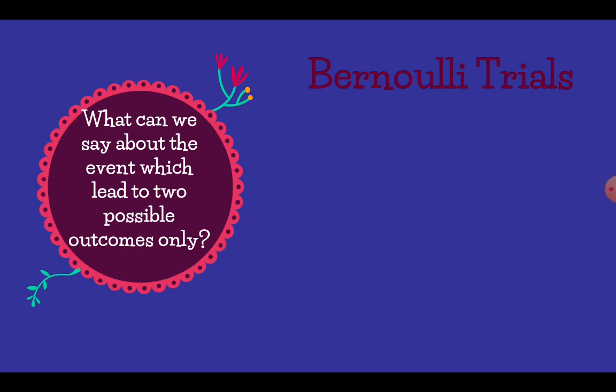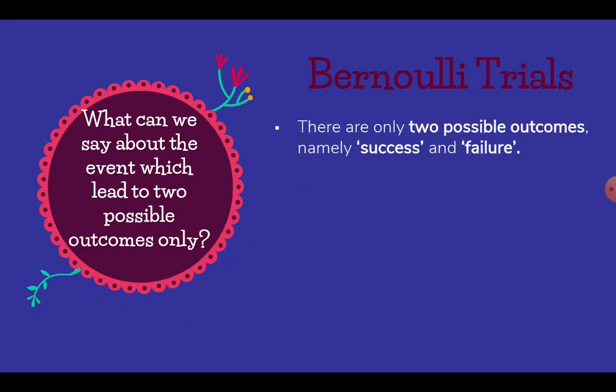So what are Bernoulli trials? Bernoulli trials states that there are only 2 possible outcomes, namely success and failure. So let's say, for example, toss a coin twice. What are the possible outcomes? Let's say we are going to get head.